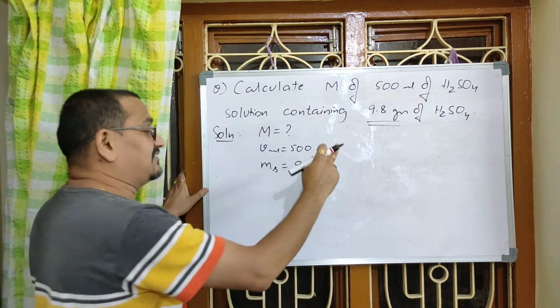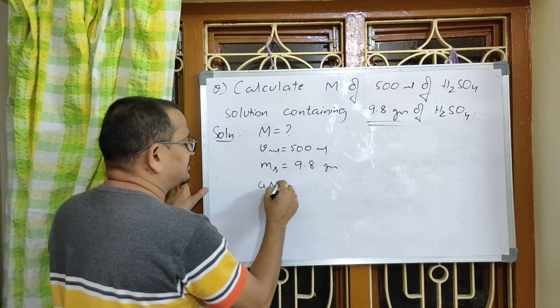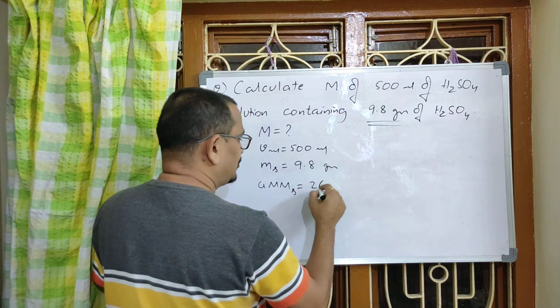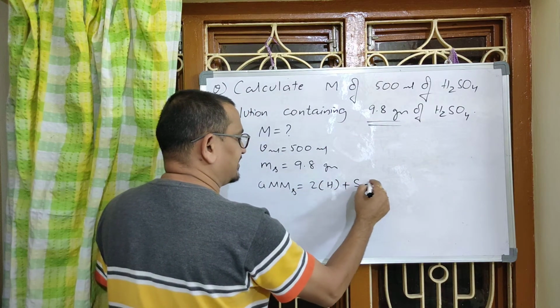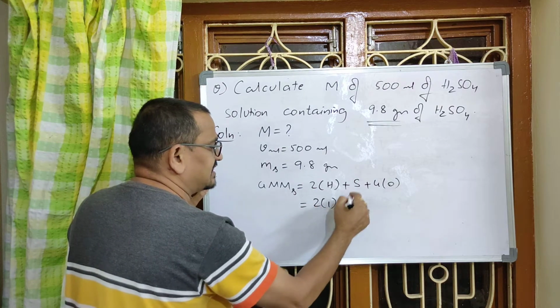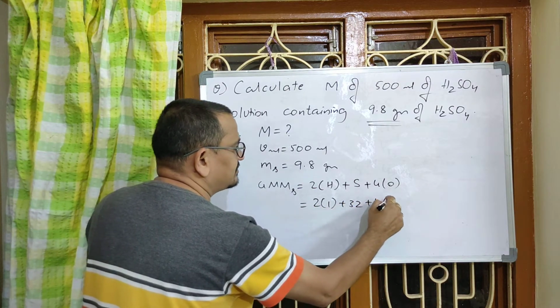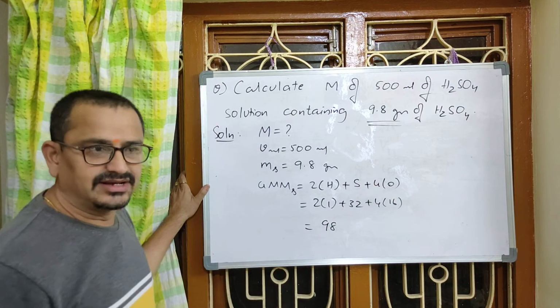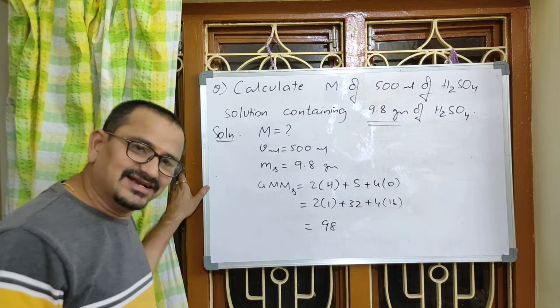Sulfuric acid. Sulfuric acid gram molecular mass: 2 into 1, 2 into hydrogen plus sulfur plus 4 into oxygens. That is 2 into 1 plus sulfur is 32 plus 4 into 16. After adding these values, we will get 98. Gram molecular mass of sulfuric acid is 98.